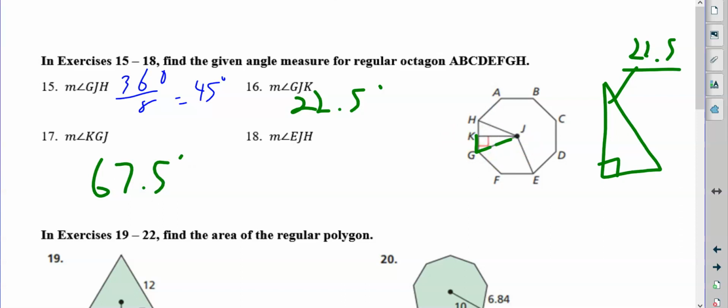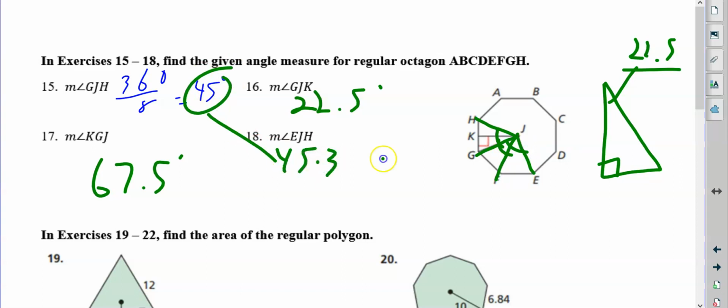And what about EJH? Okay. Well, that is basically 1, 2, 3 central angles. So we take this number times 3, and that gives us 135 degrees.